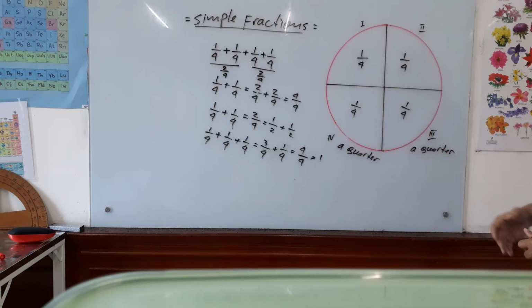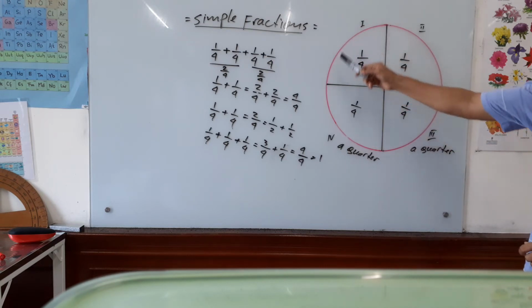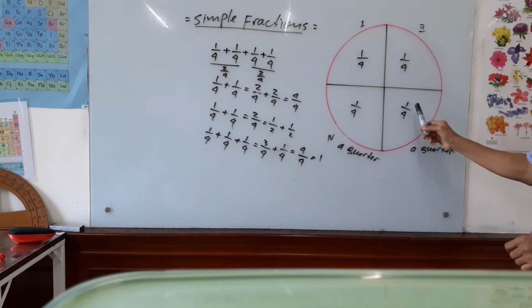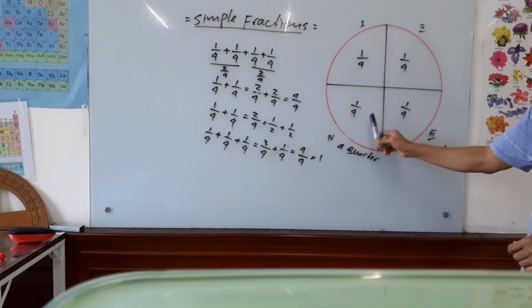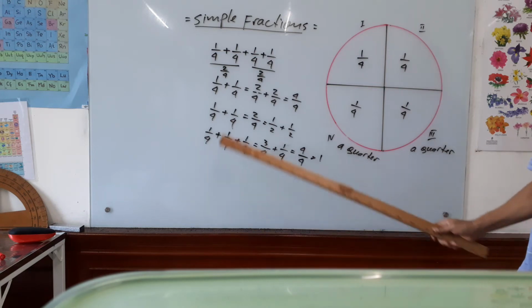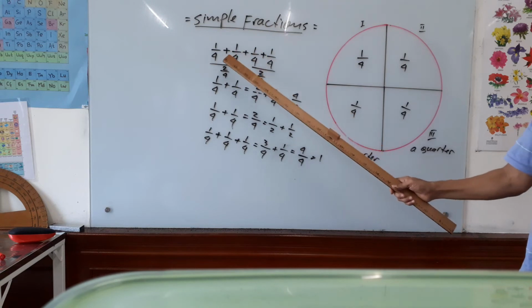So see, it's easy. It's very simple. So 1/4 represents this part. This 1/4 represents this part. This 1/4 represents this part. 1/4 represents this part.